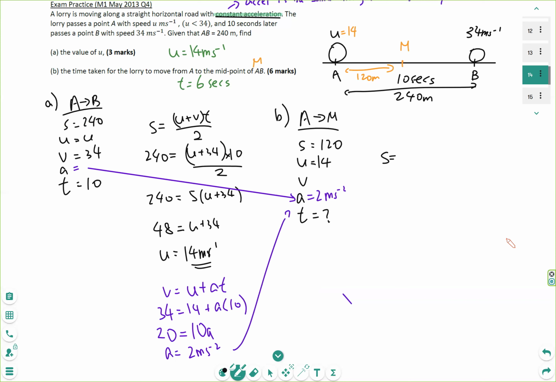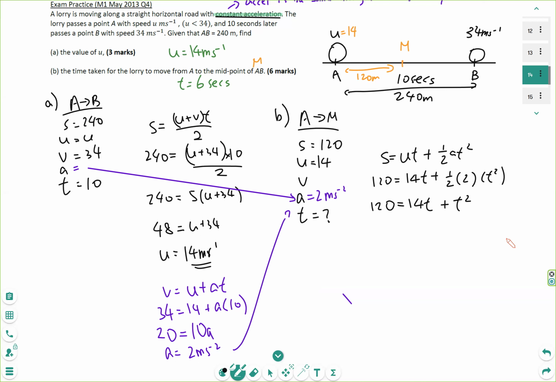So s equals ut plus a half at squared. 120 equals 14 times t plus a half times 2 times t squared. So 120 equals 14t plus t squared.